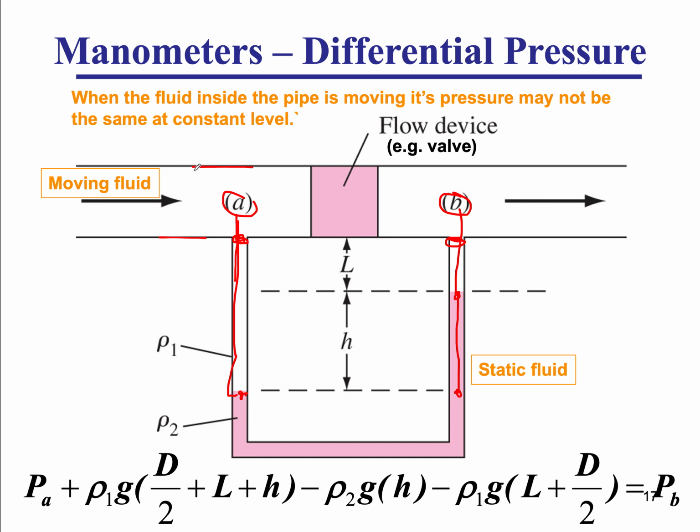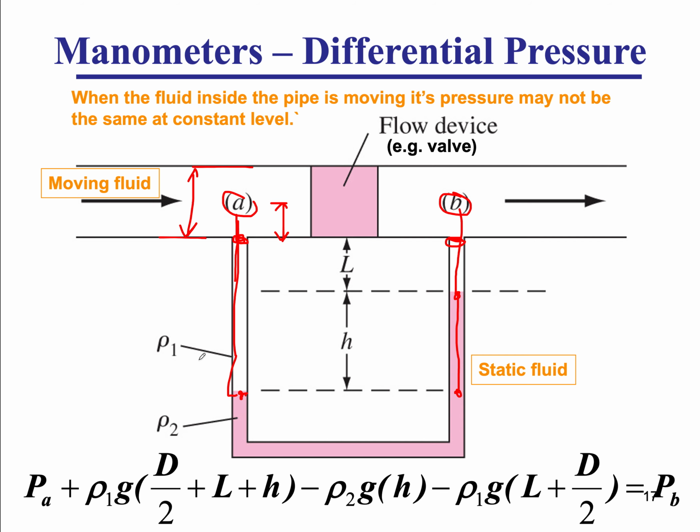The diameter D is the diameter of the pipe, so D over 2 is this distance, and the whole diameter is D. So we account for each column of water, D over 2 and L and the H. When you rearrange this, you'll see that the difference in pressure is equal to this height multiplied by the delta rho, the difference in density between fluid A and fluid B, rho 1 minus rho 2, or rho 2 minus rho 1, times g.